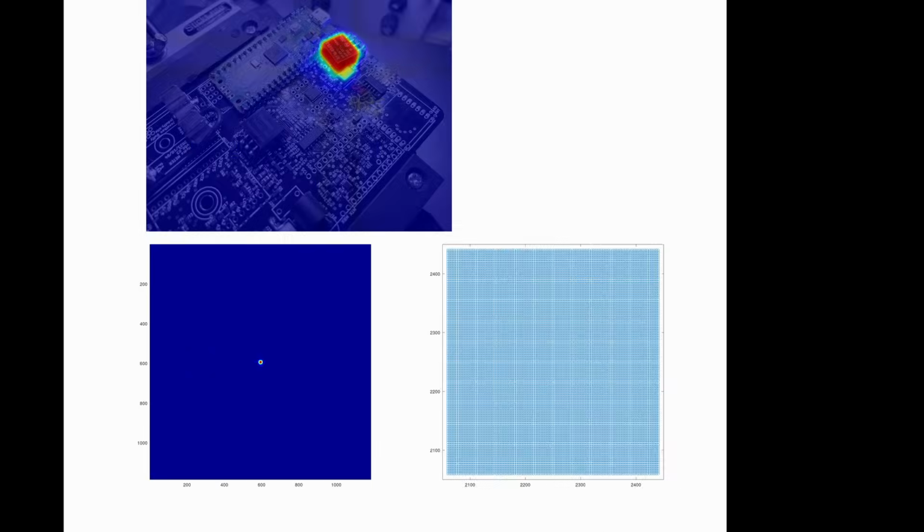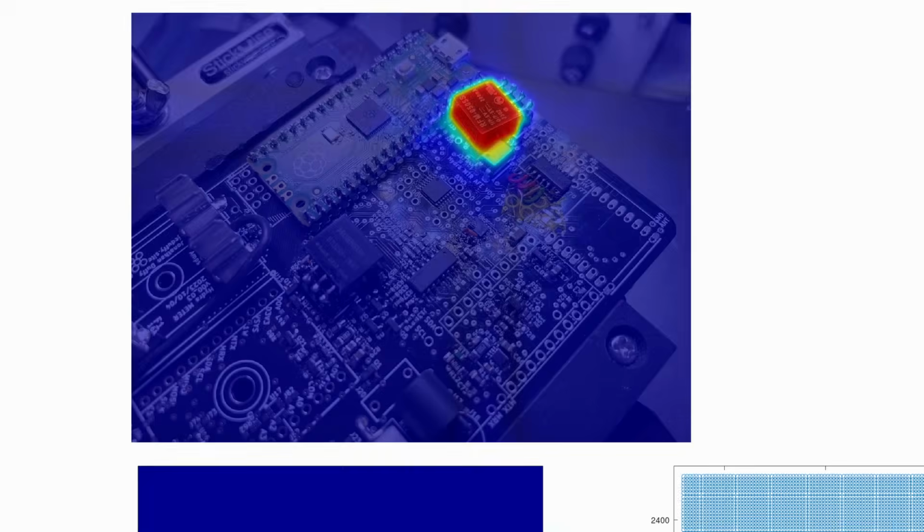Given a point spread function, we can also simulate how a picture taken with that array would look.